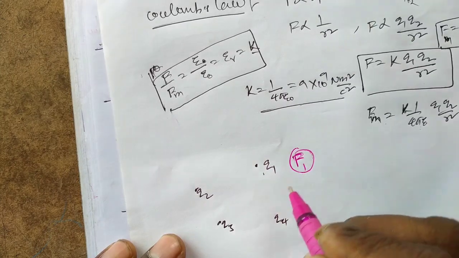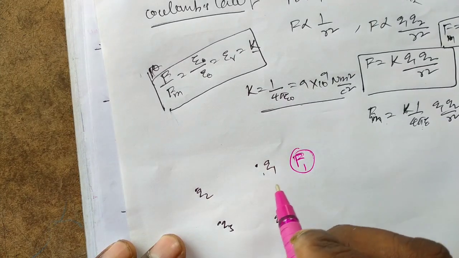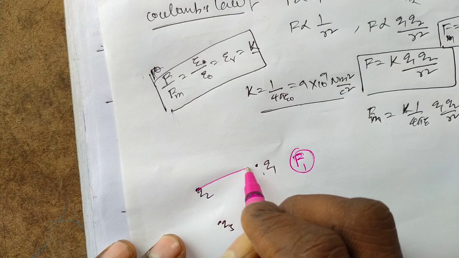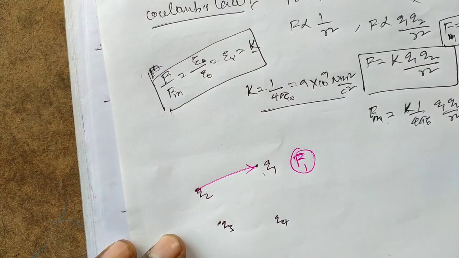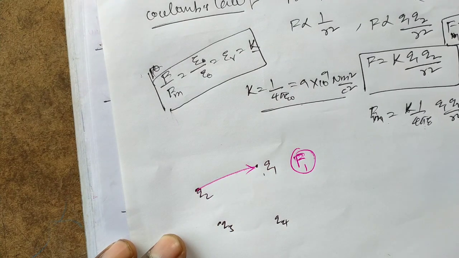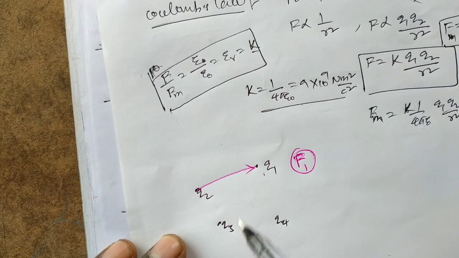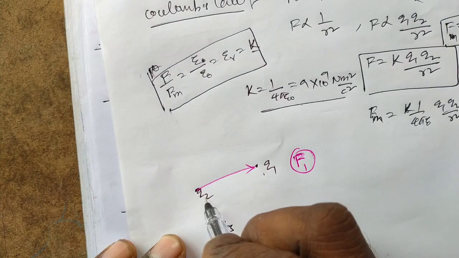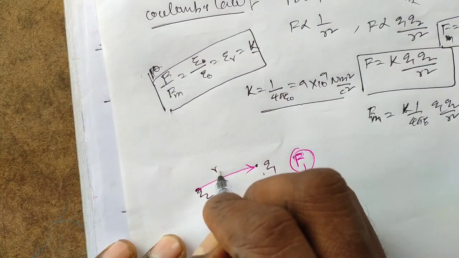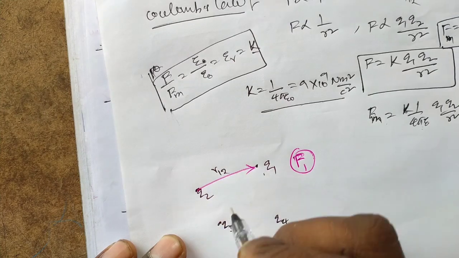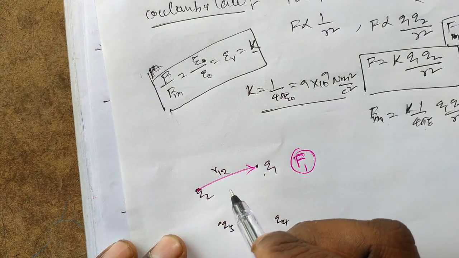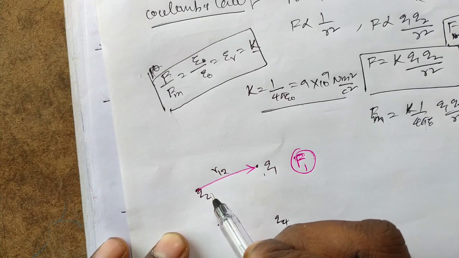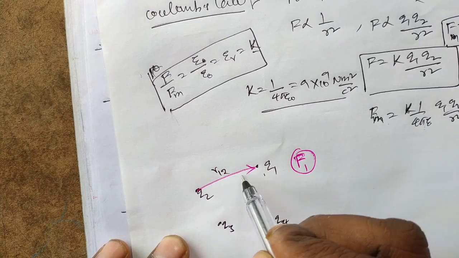What is the resultant force on Q1, F1? Here, the distance between the second charge and the first one is R12 or R21. That is the distance between the two charges.